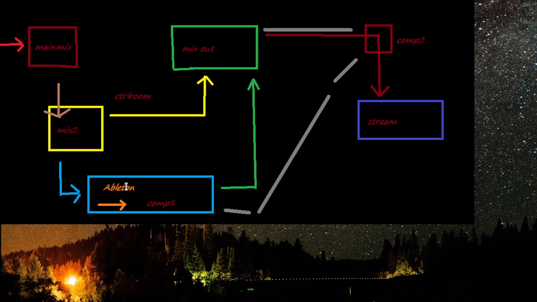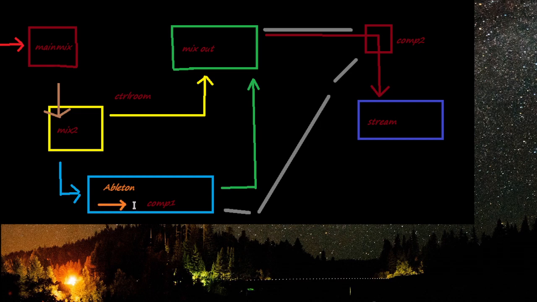So then the output of Ableton goes into the main mixer because that's where I'm hearing it from. That orange arrow, I messed up.